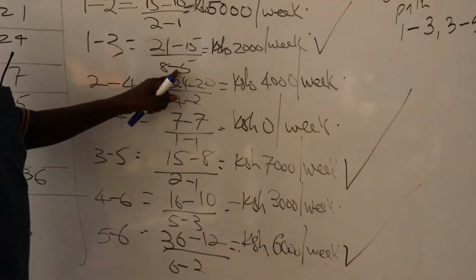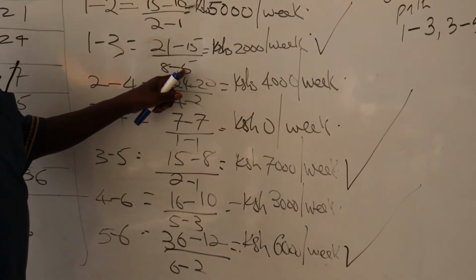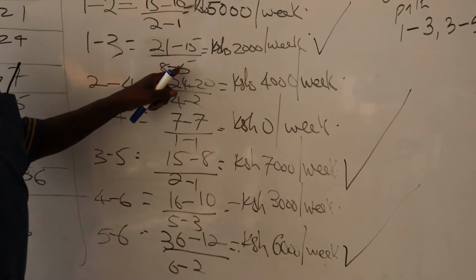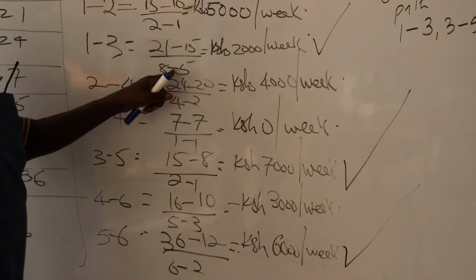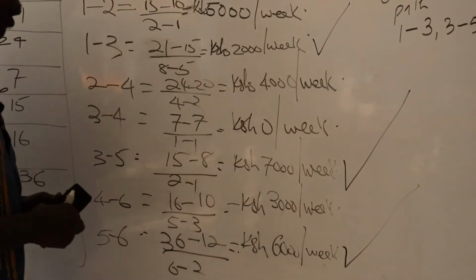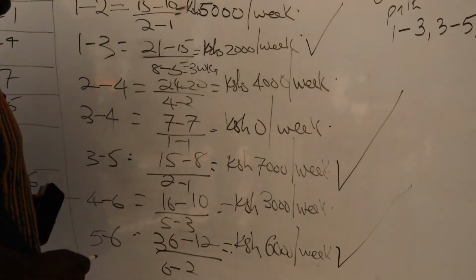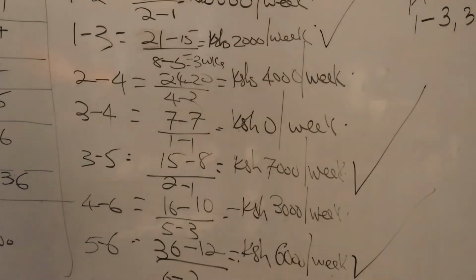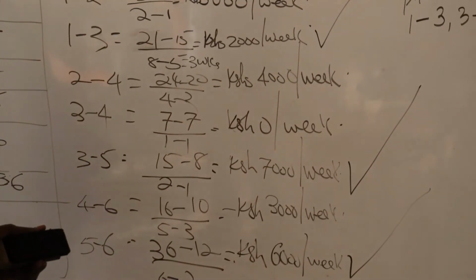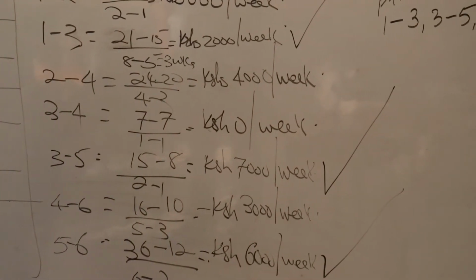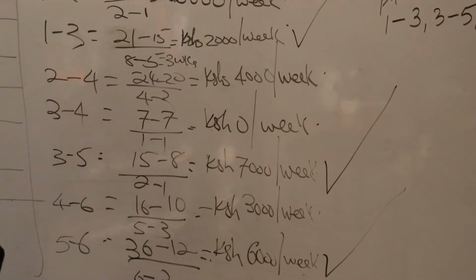The time available for crashing is 8 minus 5, which is 3 weeks. So we are going to target activity 1 to 3 and reduce its duration by 3 weeks, because it is the 3 weeks which are available for crashing.